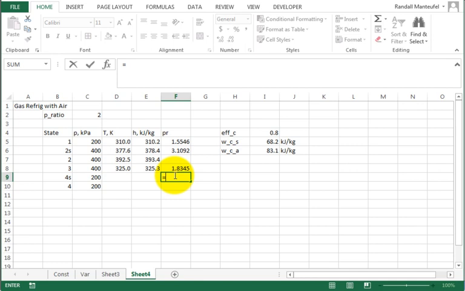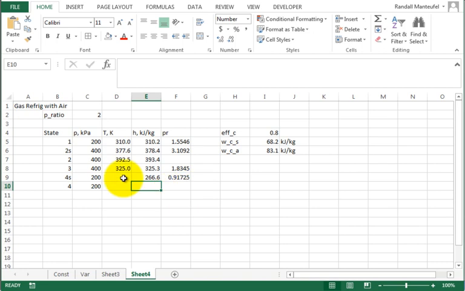I'll work on the P_r. So that's the P divided by the pressure ratio. Goes down to 0.91, blah, blah, blah. Do some interpolation. So we calculate that the enthalpy is a function of P_r for air. Okay, F9 it is.